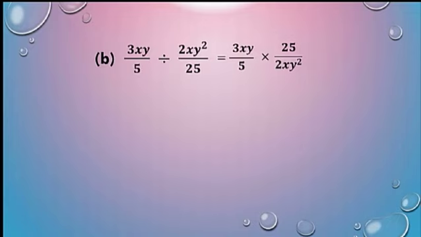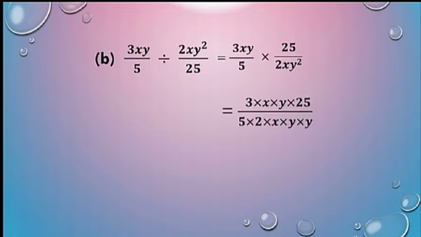As you can see here, we have common terms in numerators and denominators. So first we are going to write the multiplication in expanded form. We're going to take the numerators and the denominators in expanded form. Then look at the common terms that can be cancelled out.